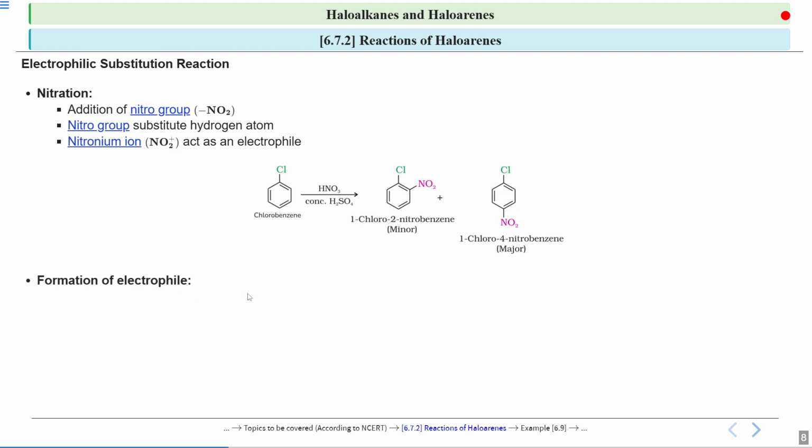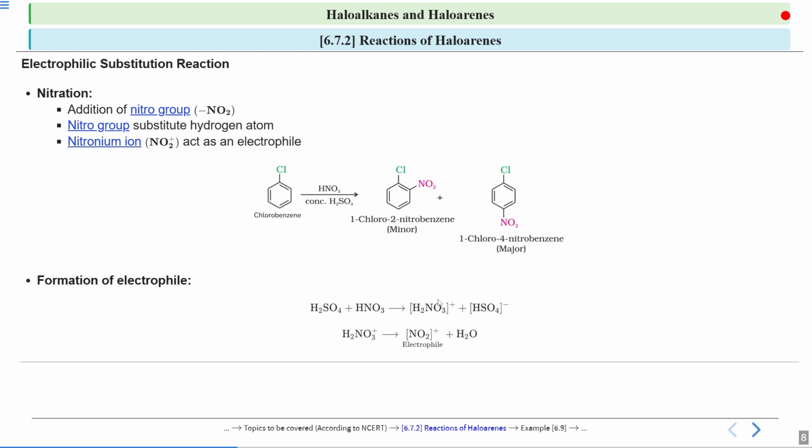Here, the formation of the electrophile. So how is the electrophile forming in this reaction? Your sulfuric acid is reacting with the HNO3 and you are getting the H2NO3 positive complex cation plus HSO4 negative anion. What will happen after that?